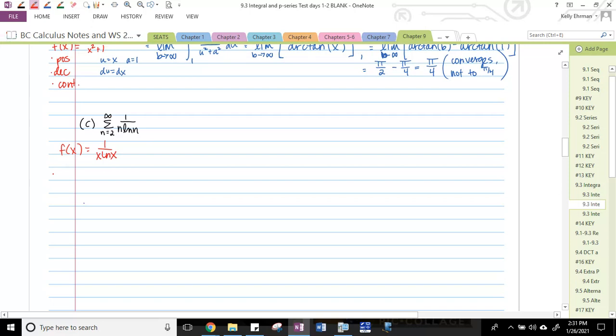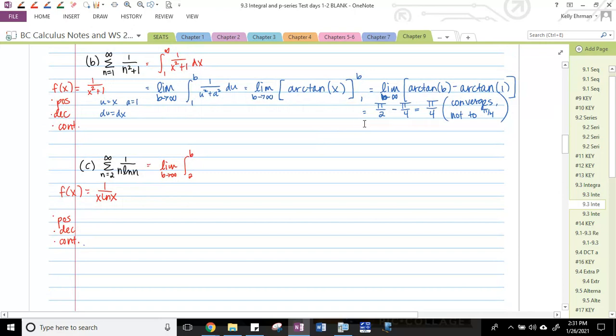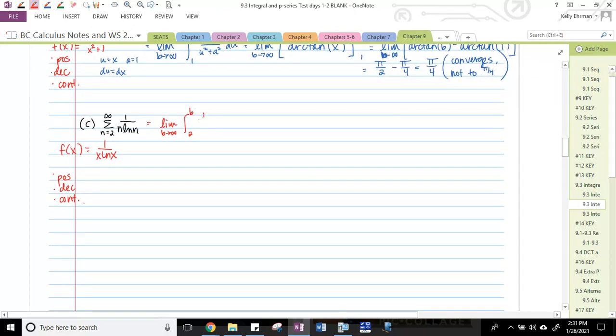Anyway, so from 2 to infinity, terms are positive. They are decreasing. And the fact that we're starting at 2 makes it so that this is continuous as well. All right, so now I'm going to write my limit notation right off the bat. The limit as b approaches infinity of the integral from 2 to b, just saving myself one little step there, of 1 over x natural log x dx.